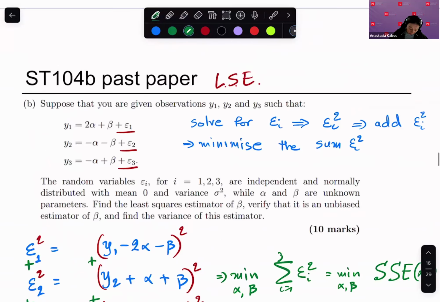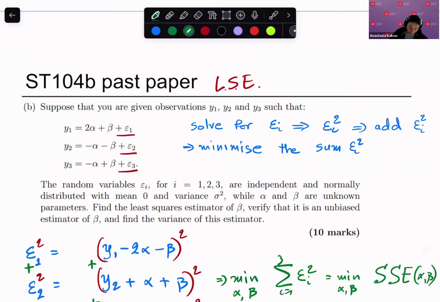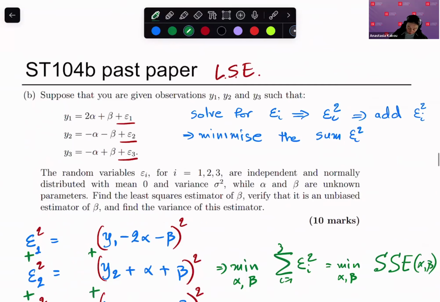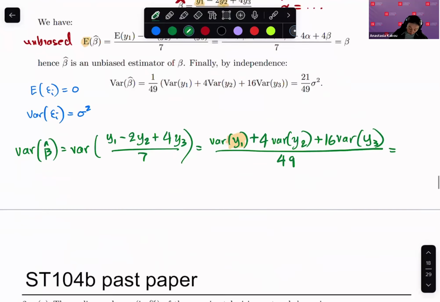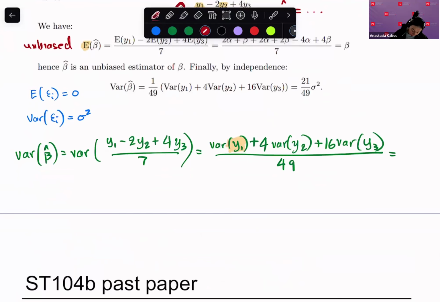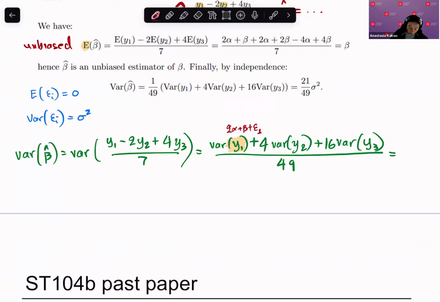All the way up here, it was 2 alpha plus beta plus the error term 1. The only random term here is the error.